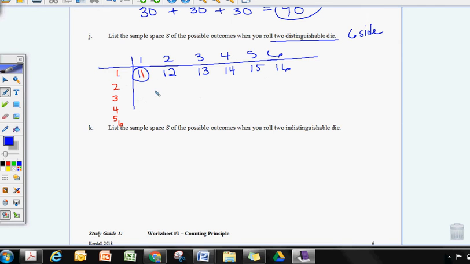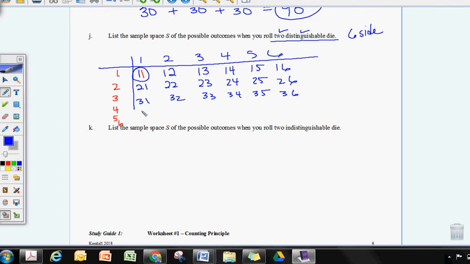I technically don't know which die is 1 and 2 unless I say that, and it said that I'm rolling 2 distinguishable dice. So that's why I have to look at this. 2 rolled with 1, 2 rolled with 2, 2 with 3, 2 with 4, 2 with 5, 2 with 6, 3 with 1, 3 with 2, 3 with 3, 3 with 4, 3 with 5, 3 with 6.